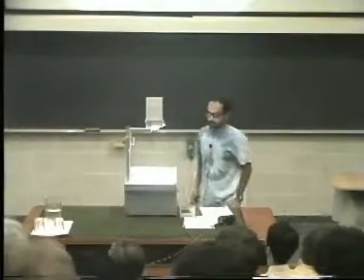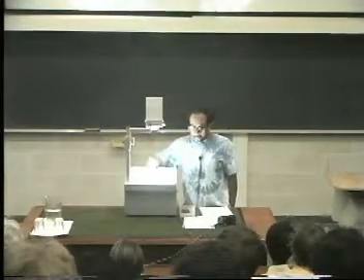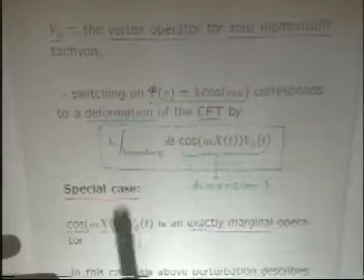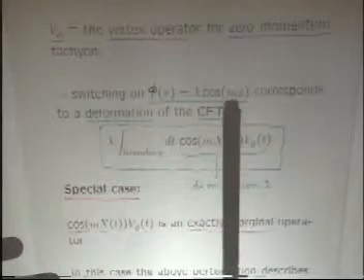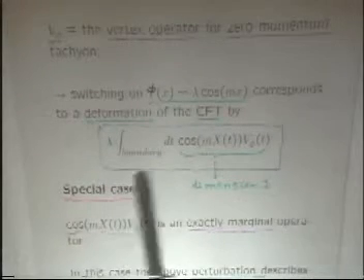Now let us denote by V phi the vortex operator for the zero momentum tachyon, whichever tachyon we are considering in this case. So if we switch on a tachyon equal to lambda times cos mx, this will correspond to adding a perturbation to the original conformal field theory of this form.